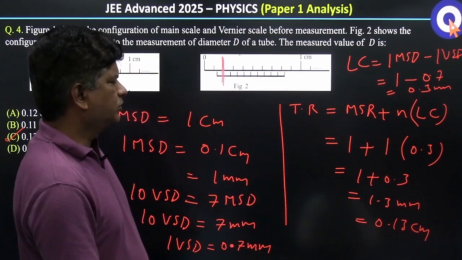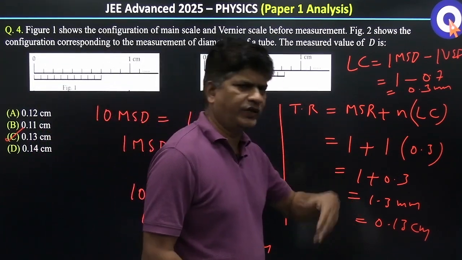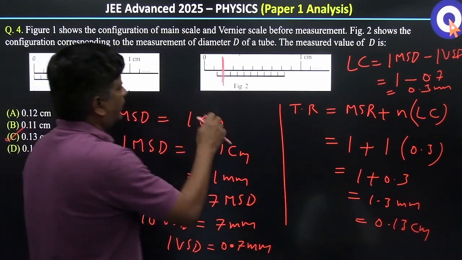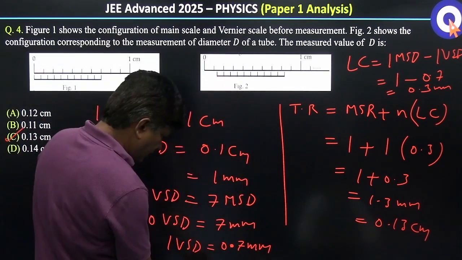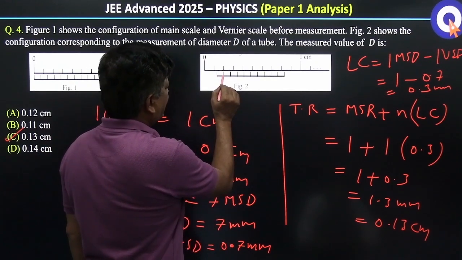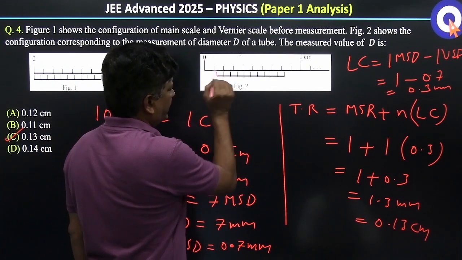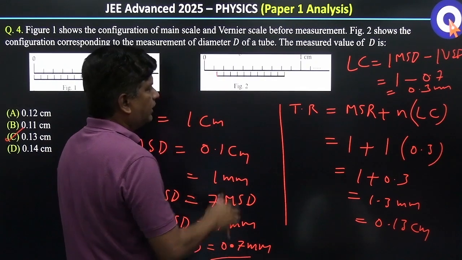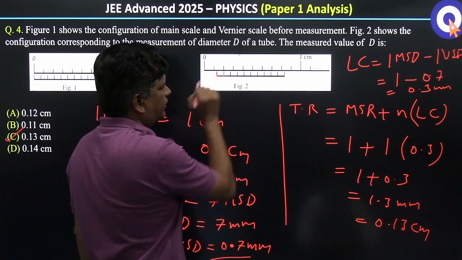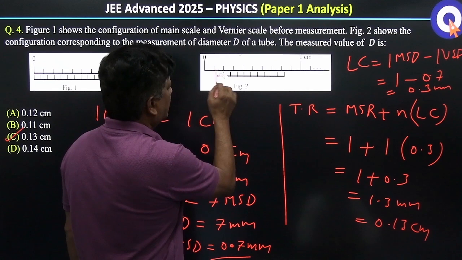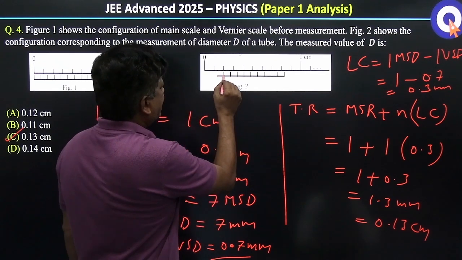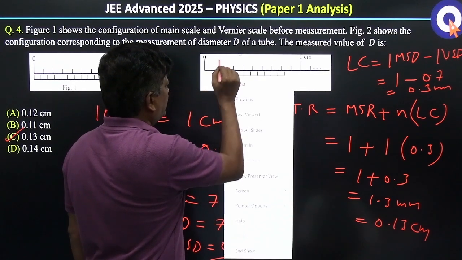Or otherwise, if you don't want to use the formula, very simply you can gather from the second diagram. If you see the second diagram carefully here, you can understand the second division. Each division value of the vernier scale is 0.1, and our diagram shows that this line is exactly in coincidence with this.